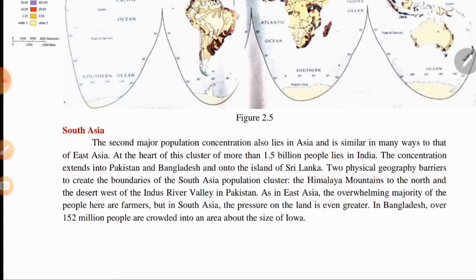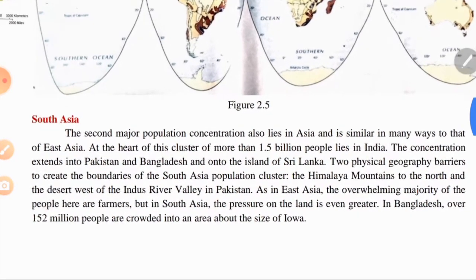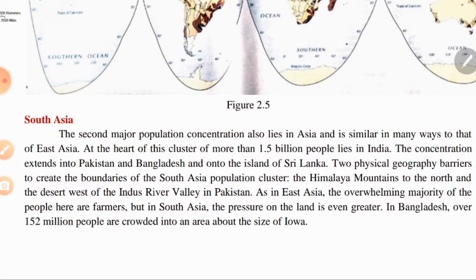Then in South Asia, the second major population concentration also lies in Asia and is similar in many ways to that of East Asia. At the heart of this cluster of more than 1.5 billion people lies India. It extends into Pakistan and Bangladesh and onto the island of Sri Lanka.